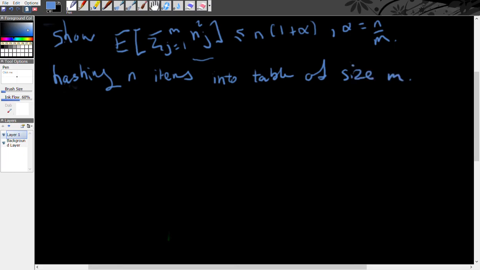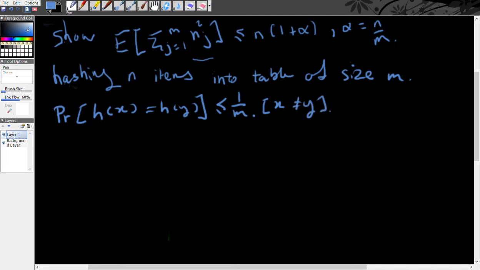And we're promised that the probability that two distinct items, let's call them x and y, so h of x and h of y, the probability that these are the same, is at most 1 over m, given that x is not equal to y. So we're hashing n items into a table of size m, and we want to count the number of items in each slot.